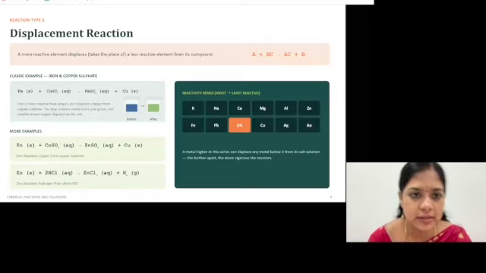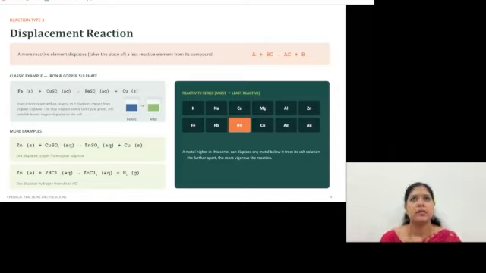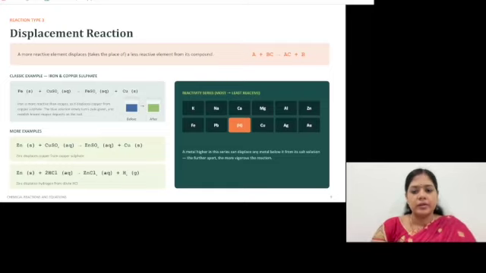So we are starting with displacement reactions. I told you already, that means the metals which are more reactive displaces the less reactive metals. Okay, so we have already learned the reactivity series, right? We know that potassium, sodium, calcium are higher reactive, and copper, silver, gold are less reactive.